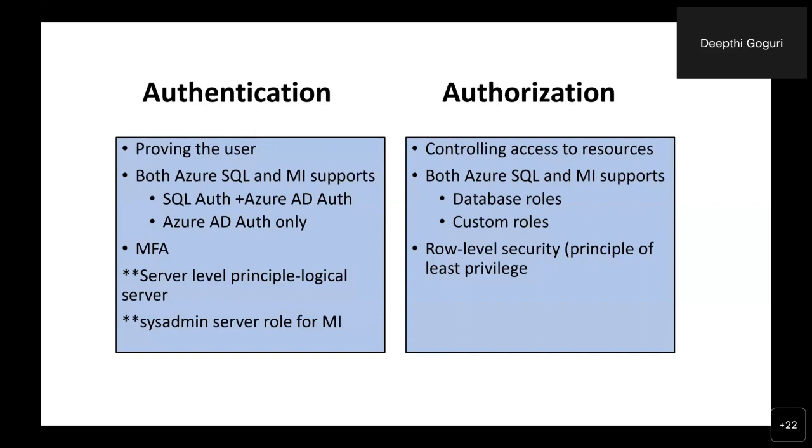Now, when we talk about authorization, authorization is all about giving access to your resources. Both managed instances and Azure SQL have database roles and custom designed roles, and you can also do row level security, which follows the principle of least privilege.